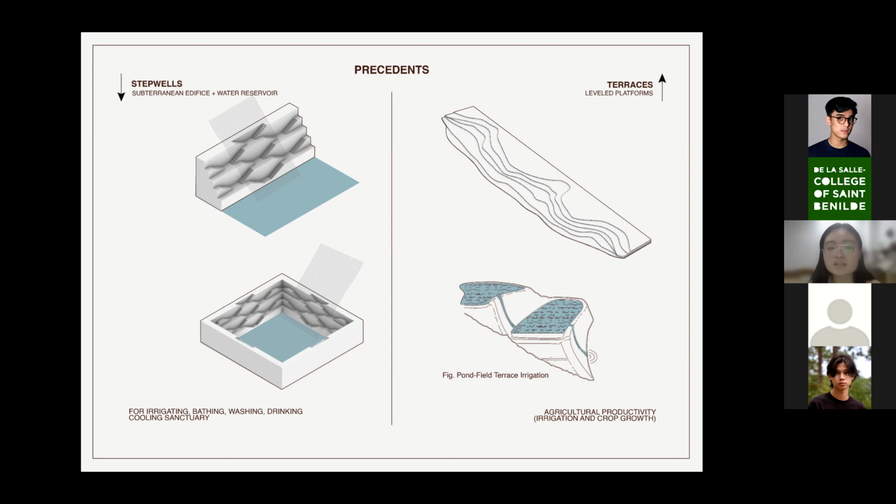Once again, the step wells are mainly subterranean surfaces mostly used for water storage, irrigation, bathing, washing, drinking, and as a cooling sanctuary, while terraces are the same level but upwards, more done for agricultural productivity. We see that in one great example, the Banaue rice terraces in the Philippines.